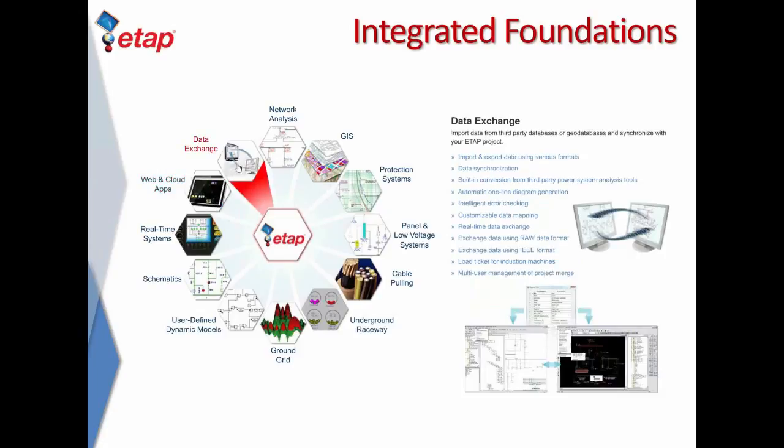And the last foundation is data exchange, which we'll also be utilizing in this webinar, that allows us to migrate data from ETAP to other third-party applications, which can be a single unidirectional exchange, or it could be a data synchronization, which means bidirectional data exchange.